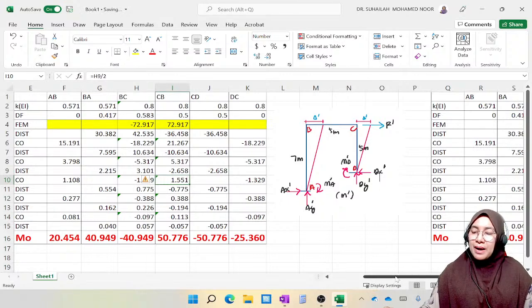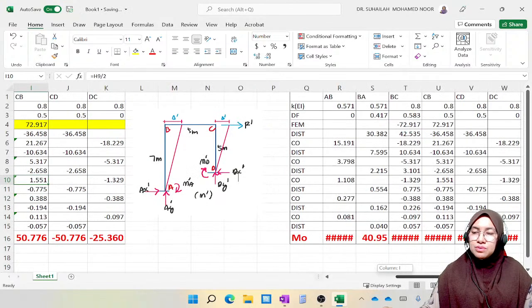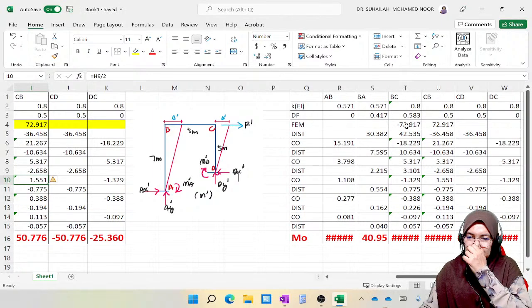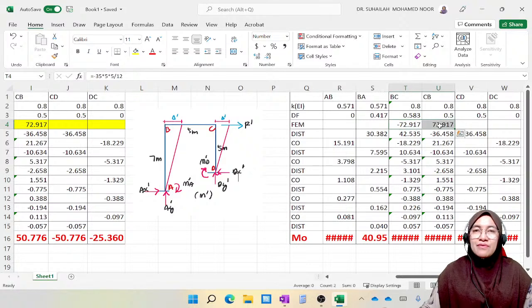But for table number 2, we have to calculate the FEM. We don't calculate using the delta value, because we do not know the delta value.